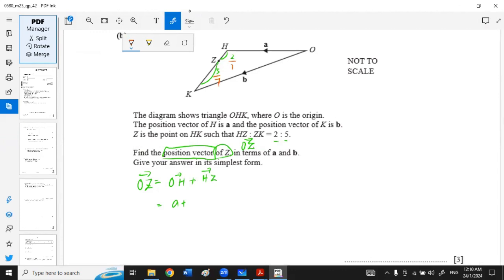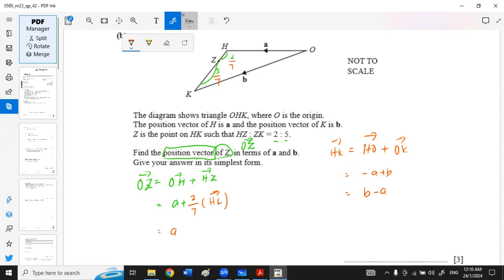Okay, 2 plus 5 is 7, so 2 over 7 of HK. So you find HK is equal to HO plus OK, so equal to negative A plus B, or equal to B minus A.